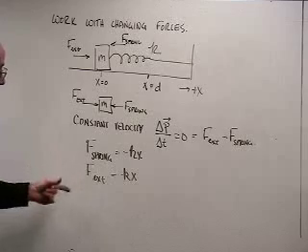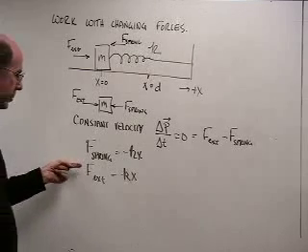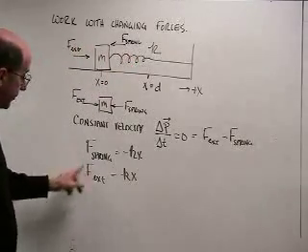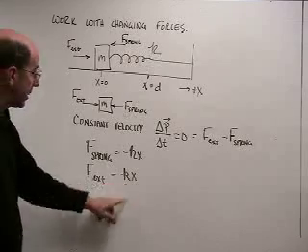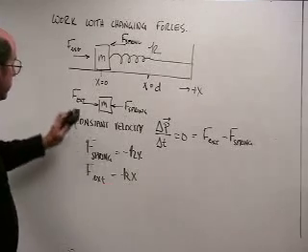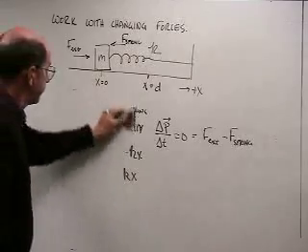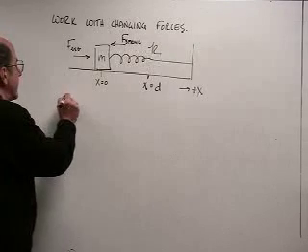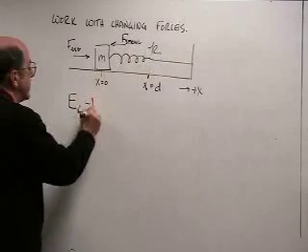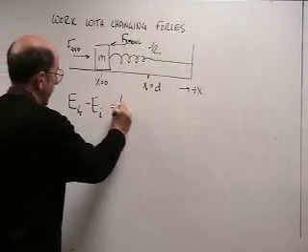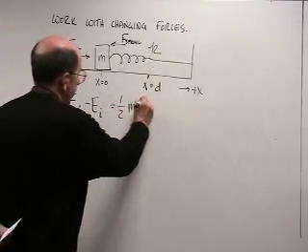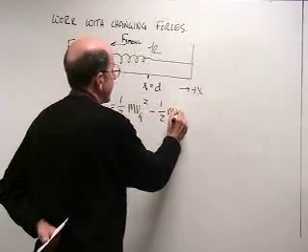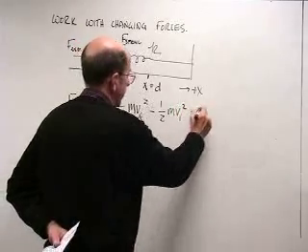Okay, so the question I have asked is, how much work must I do to compress that spring from here to here? And I just figured out the force I have to exert at any time is kx. So let's see. I'm going to erase this lower part. And I can say that the final energy of the mass minus the initial energy of the mass is equal to 1/2 mv final squared minus 1/2 mv initial squared, which is equal to the sum of the forces.